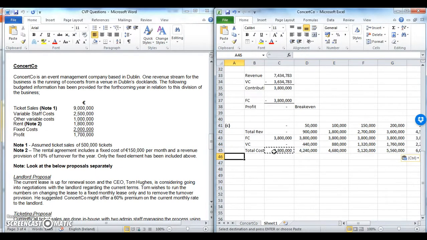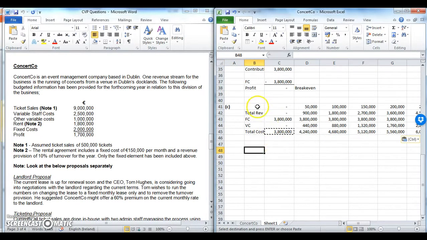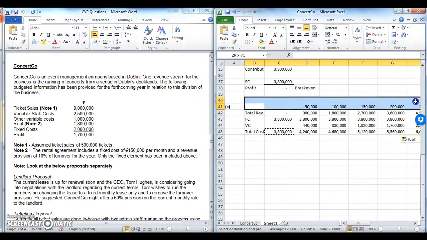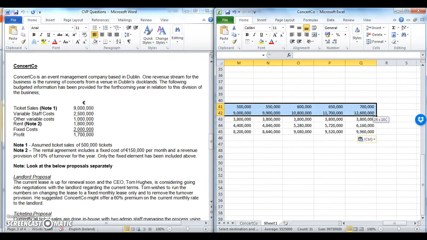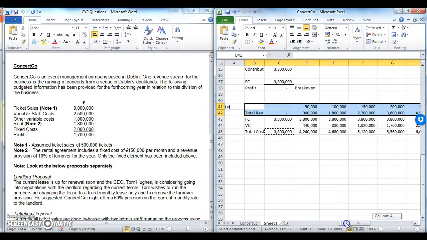Okay, so once you have those done, then what you're going to do is you're going to insert your graph. So the way I do it is I highlight the level of activity, which is your x-axis, and highlight the total revenue, because you don't want to graph the fixed and variable, you only want to graph the final one, the total cost.